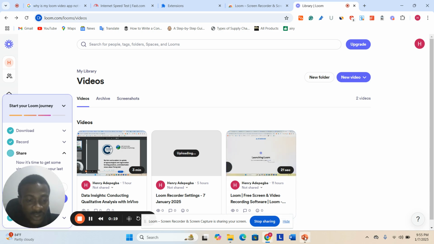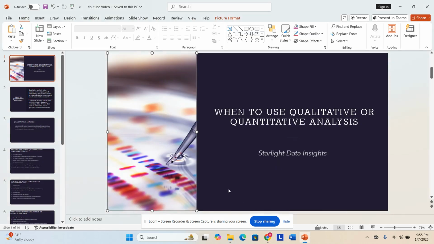One of the challenges that I believe students face mostly is deciding which data analysis to use for their research topic. So most times they just use the one that they feel they know best, even if it's not the one that best fits the topic.